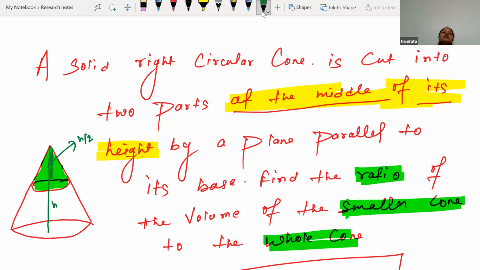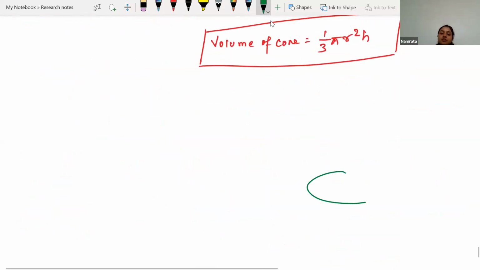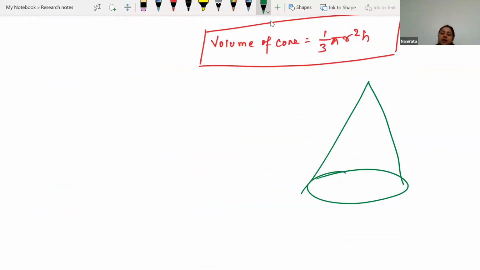When you place same-size bangles, the radius is the same throughout. But if you focus on this cone, you can see the radius is decreasing. Here the radius is lesser, here also lesser, here lesser. So the radius is continuously decreasing. Can you see it?